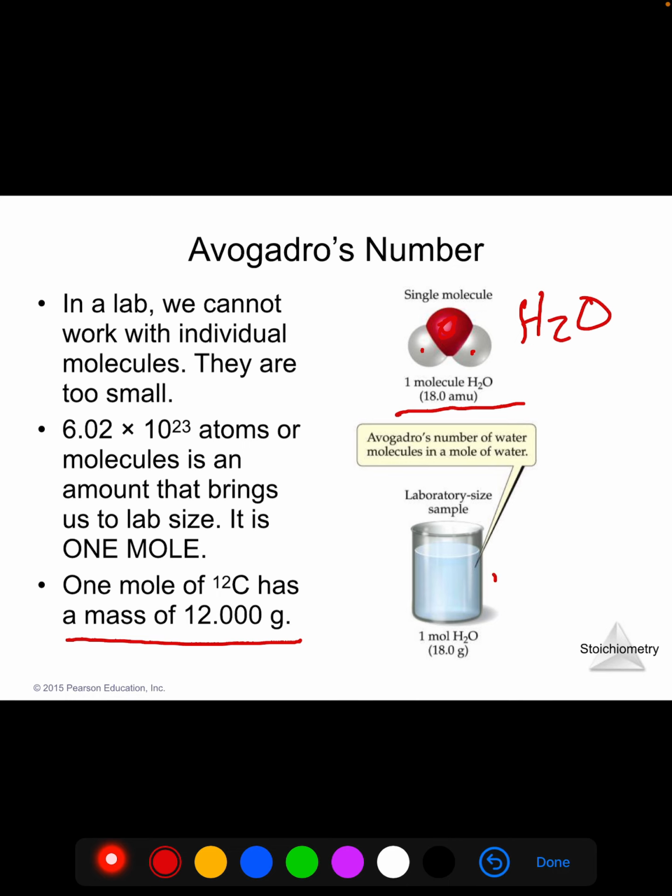And we don't work with single molecules of water. We work with laboratory volumes, measurable volumes, an 18 mL sample, or a 20 milliliter sample. This is 18 milliliters. And your typical bottle of purified water is 500 milliliters.